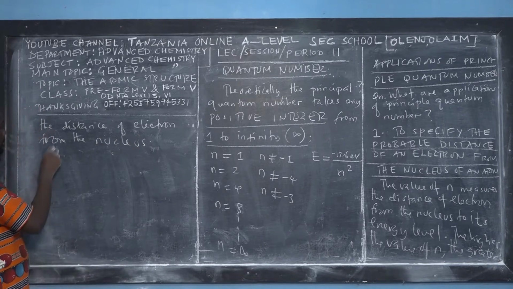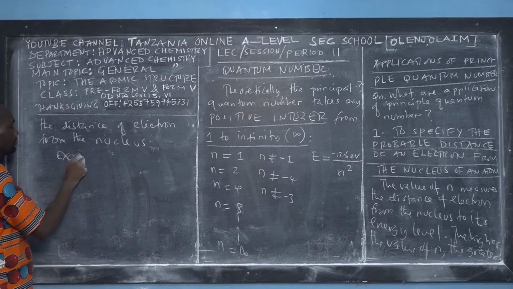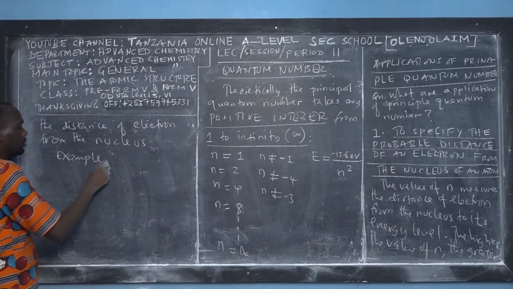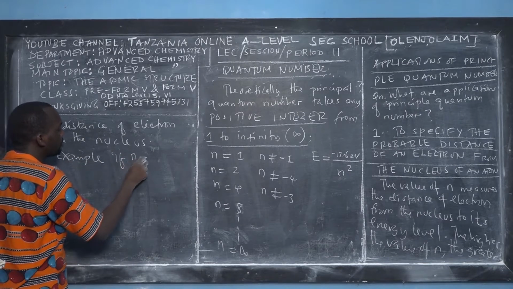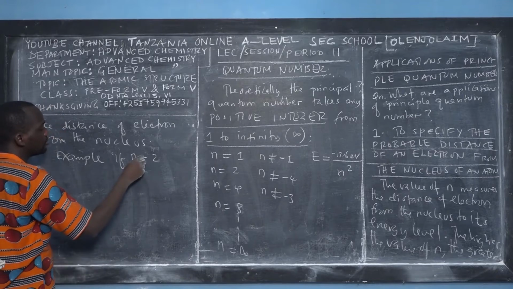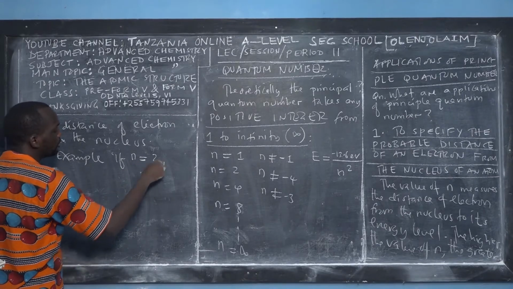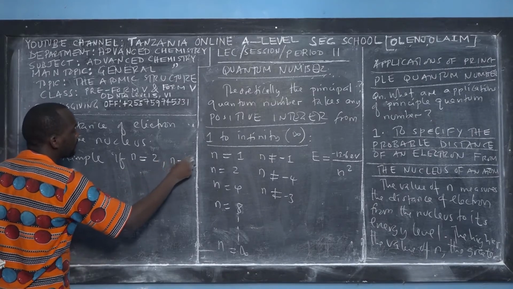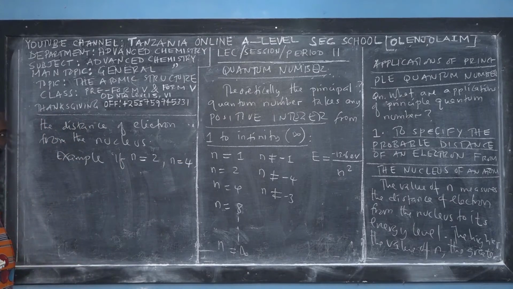What does it mean? Example, if the value of n is equal to 2, and another principal quantum number is 4, right?